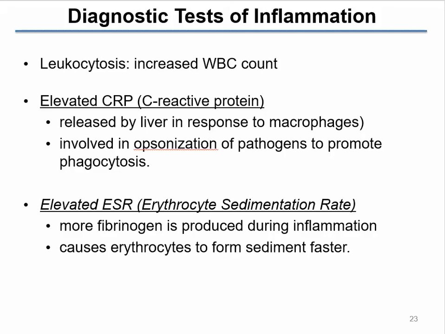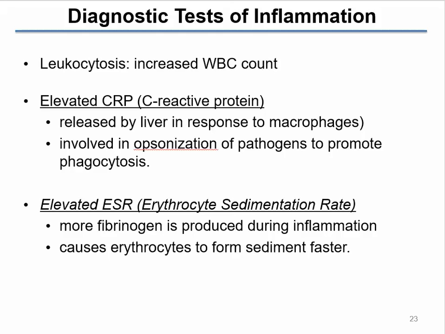You can look at an increased amount of white blood cells, leukocytosis. That is indicative that there's inflammation, because the inflammatory chemicals cause an increase in the number of white blood cells.